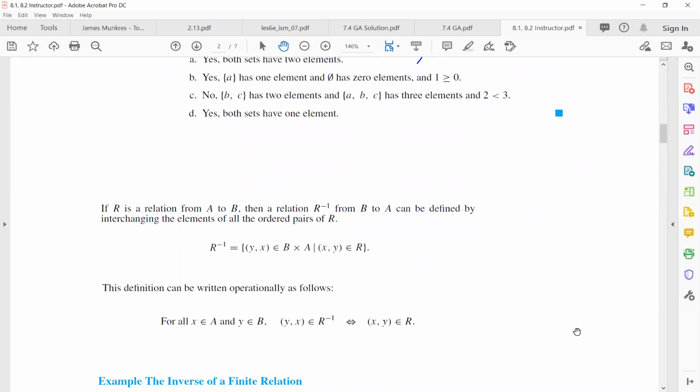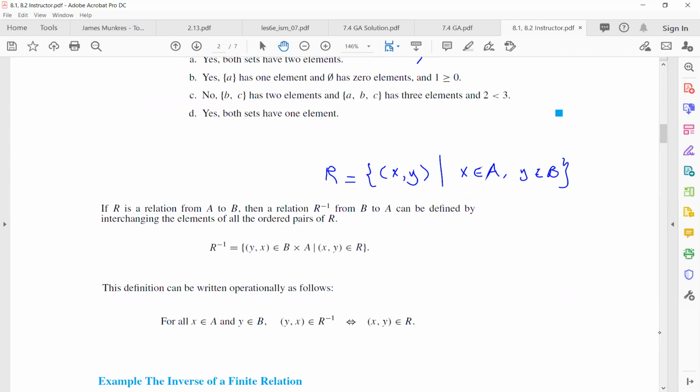Next, suppose you have a relation R, which is defined as the collection of ordered pairs X and Y such that X is in A and Y is in B. You can define a reverse relation with R and a little exponent -1, which is just points where X and Y are switched.